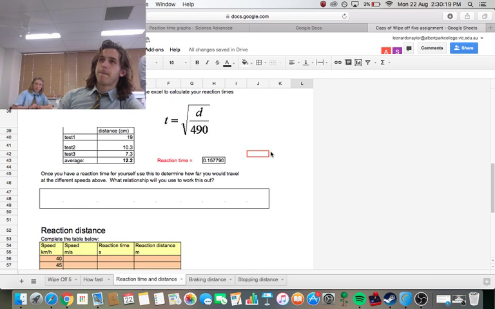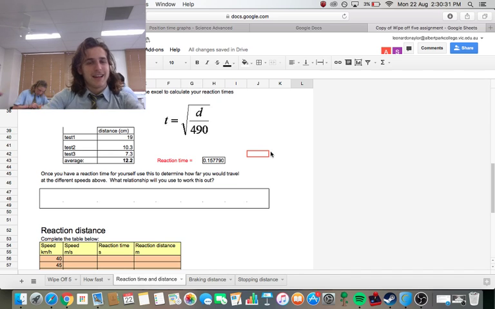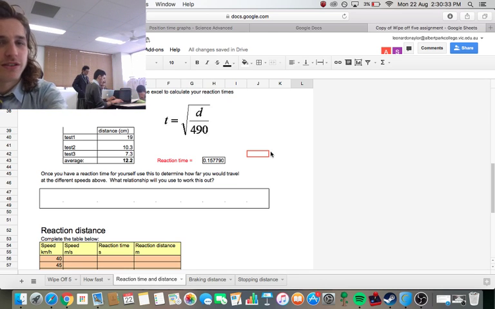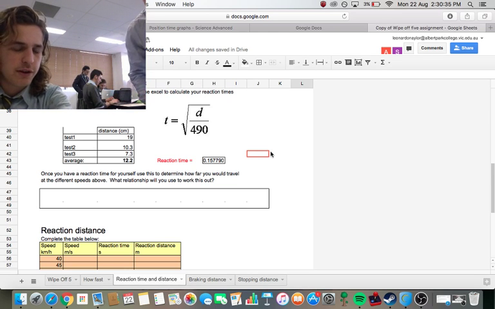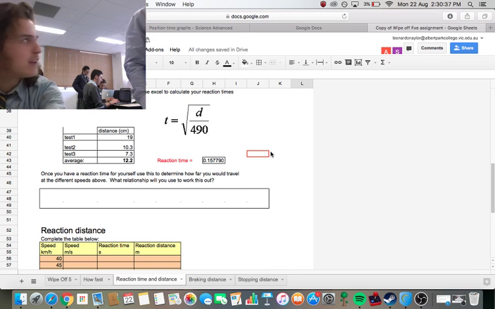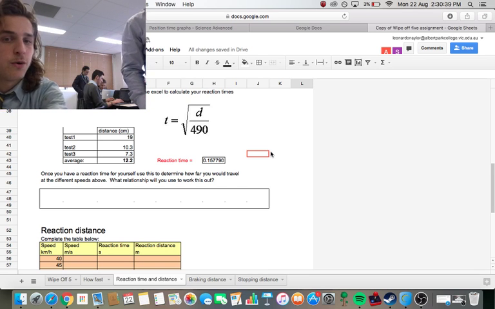It's half gravity. So that's assuming gravity is constant on Earth. How do we figure out the reaction time by dividing the distance on the ruler by 490?